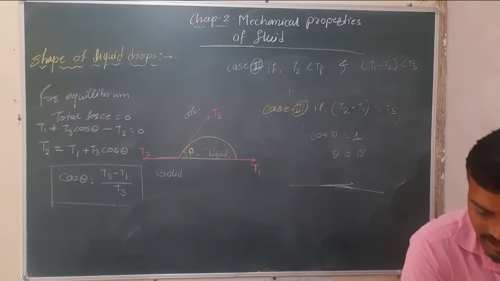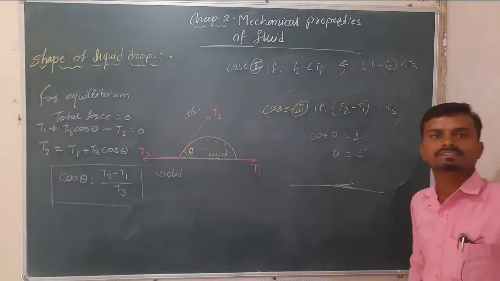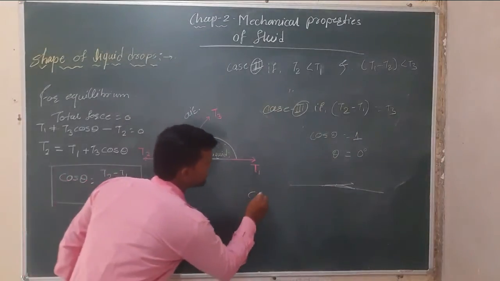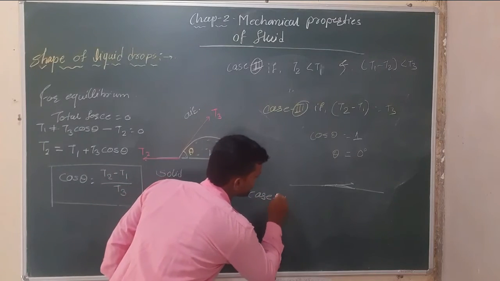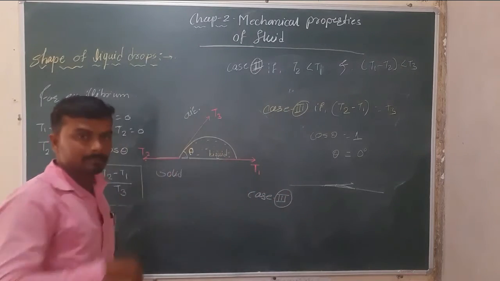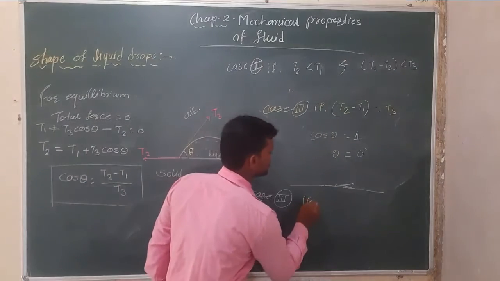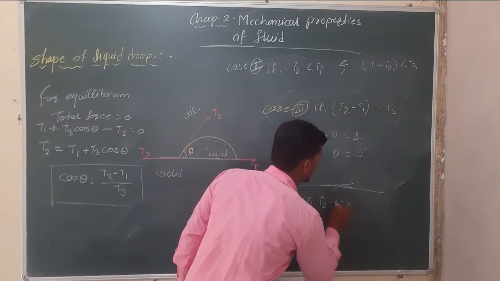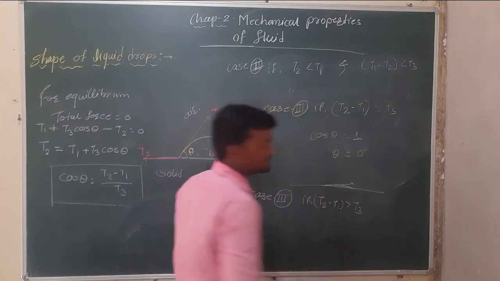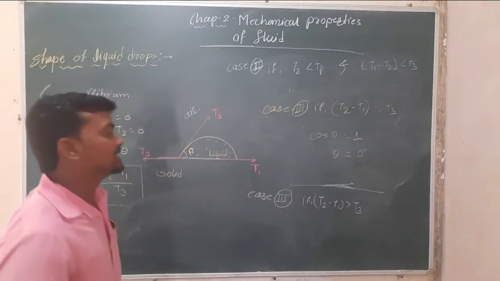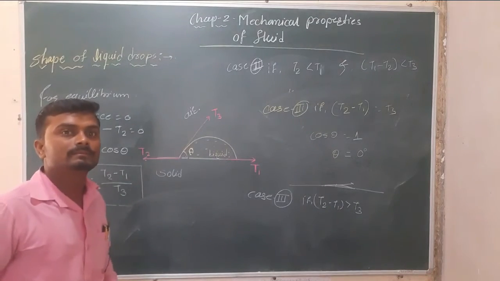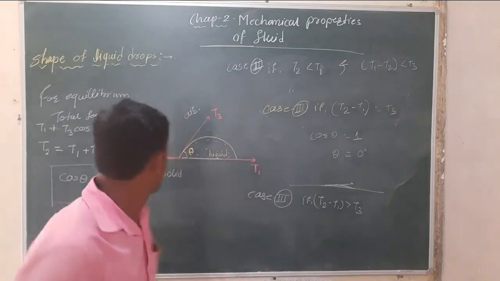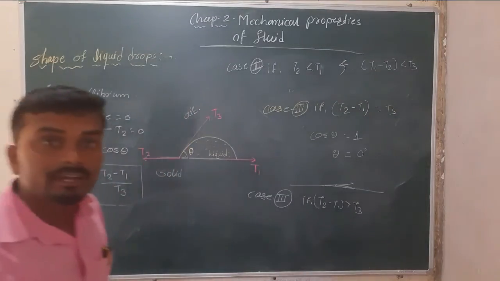If we consider another case, T2 minus T1 is greater than T3, then what happens? The numerator is greater than the denominator.